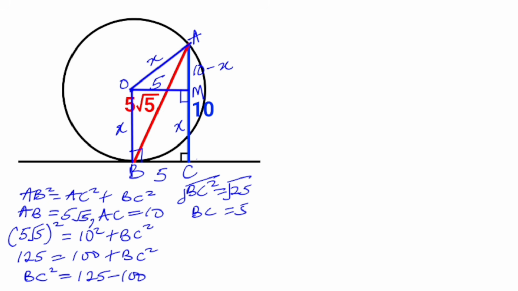Again, we are going to apply the Pythagorean theorem one last time, on triangle OMA. From the Pythagorean theorem, OA squared is equal to AM squared plus OM squared. OA is equal to x.